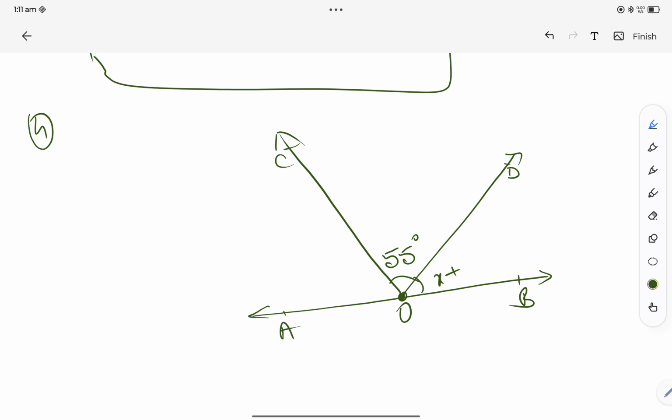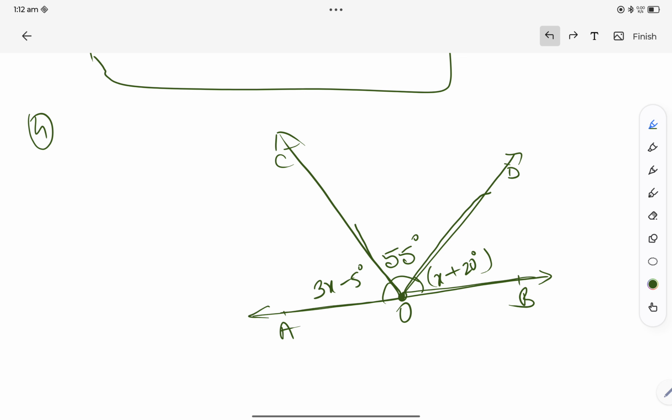this angle x plus 20 degrees, and this angle is 3x minus 5 degrees. And now we are willing to find the value of AOC, that is this angle, and BOD, that is this angle.